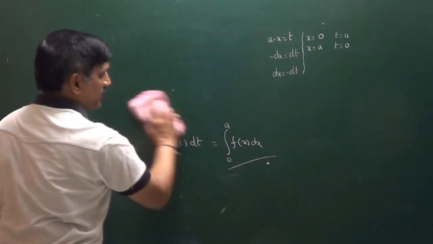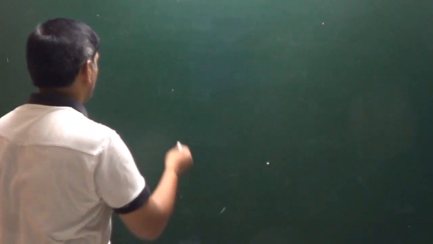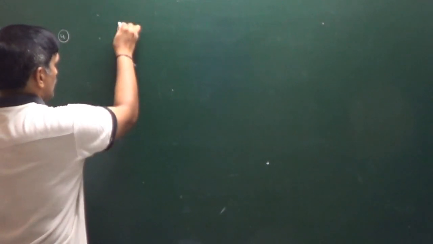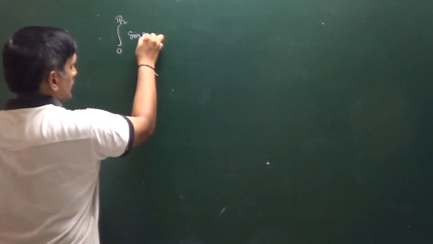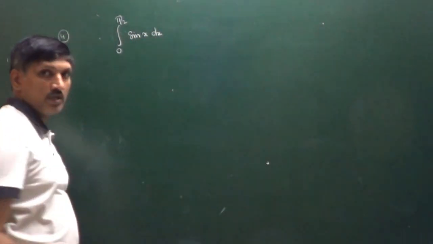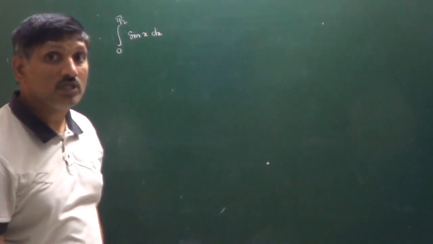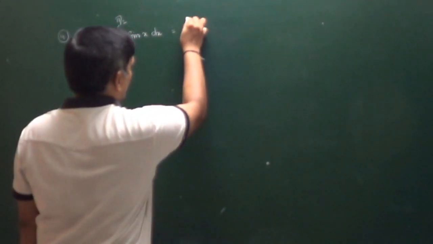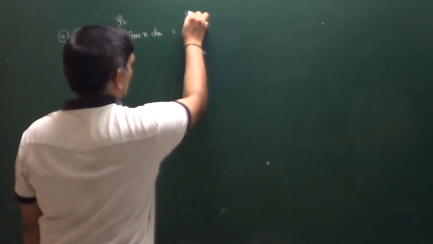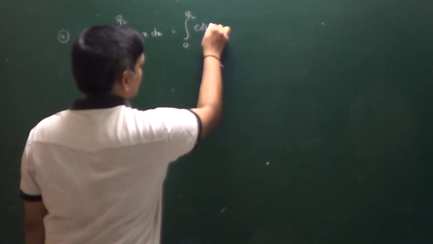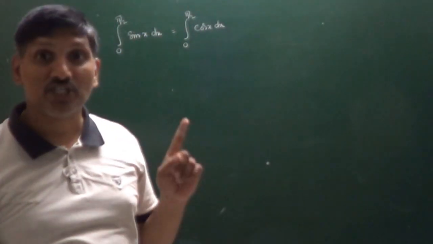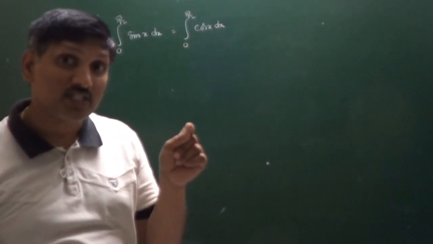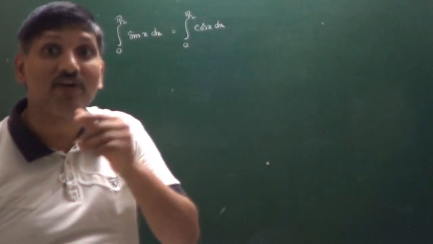Based on this property, I am going to discuss one application. All of you pay attention here. Integral 0 to pi by 2 sin x dx is the same as integral 0 to pi by 2 cos x dx. In the earlier classes, after the reduction formula, I discussed the values formula.